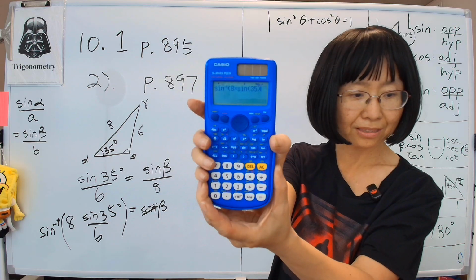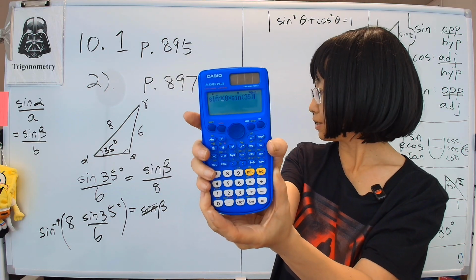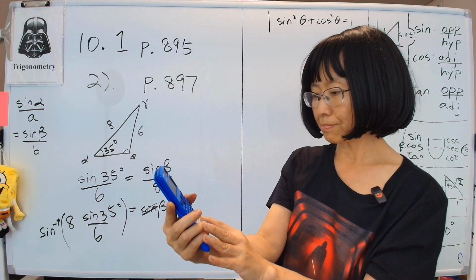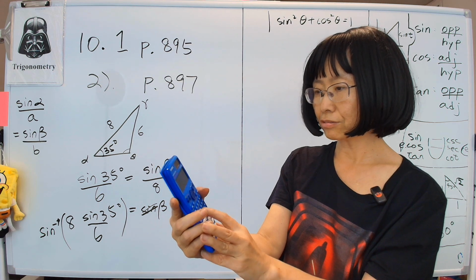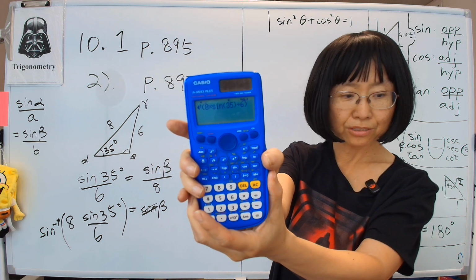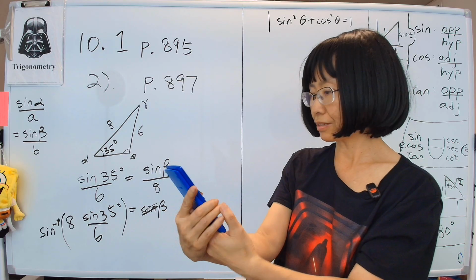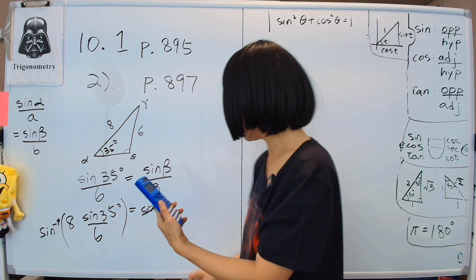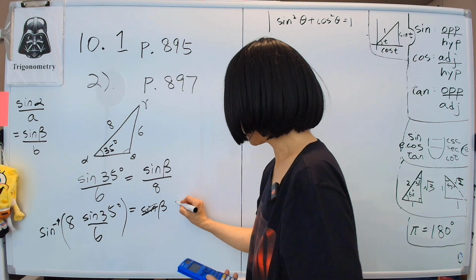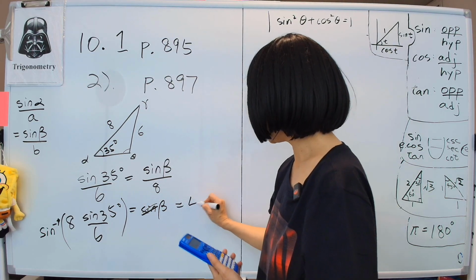Let me not forget that this time. And then divided by 6, and then close parentheses again to make sure it's okay. Sine inverse should give us an angle of 49.9 or so. So beta equals 49.9.